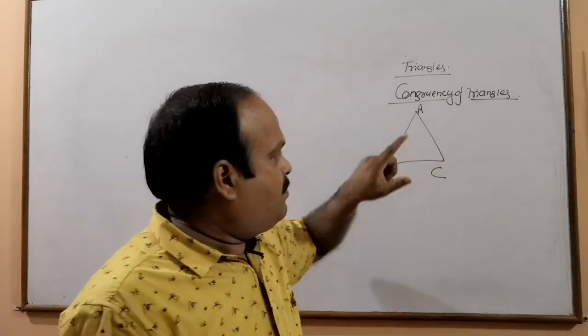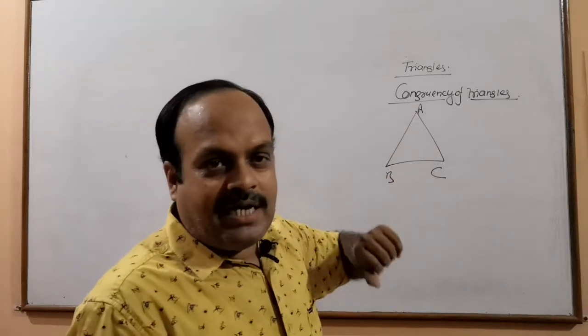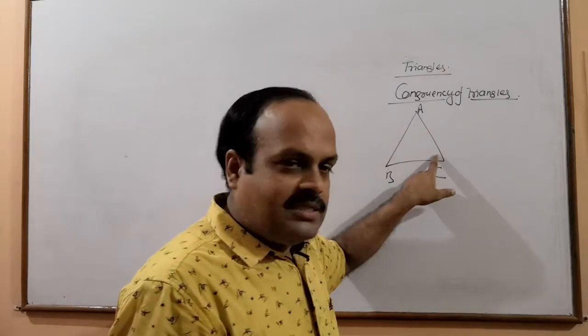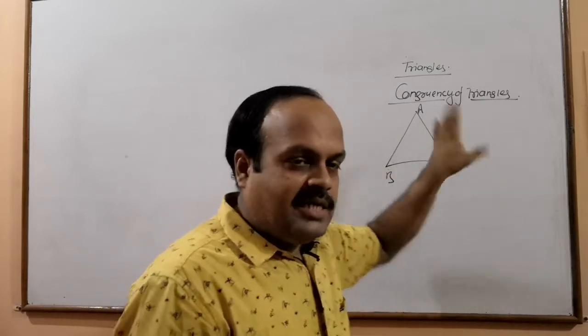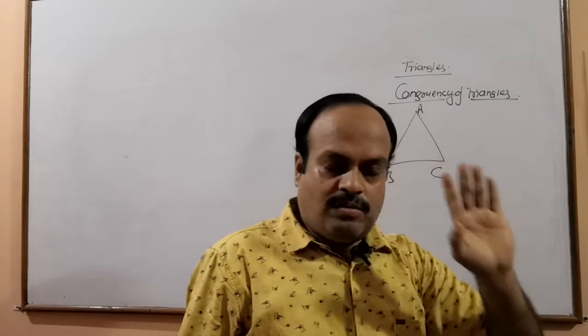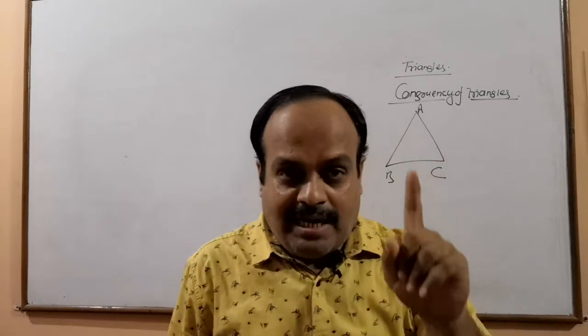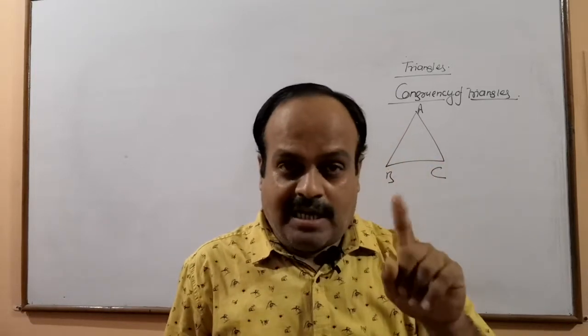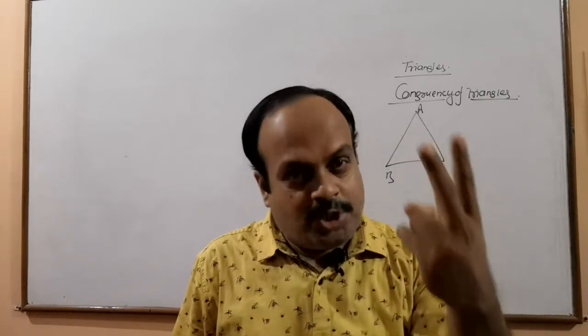So the side opposite to this angle is BC. Side opposite to this angle is AB. Side opposite to this angle is AC. So let us now understand the congruency which is applicable in minimum two triangles.